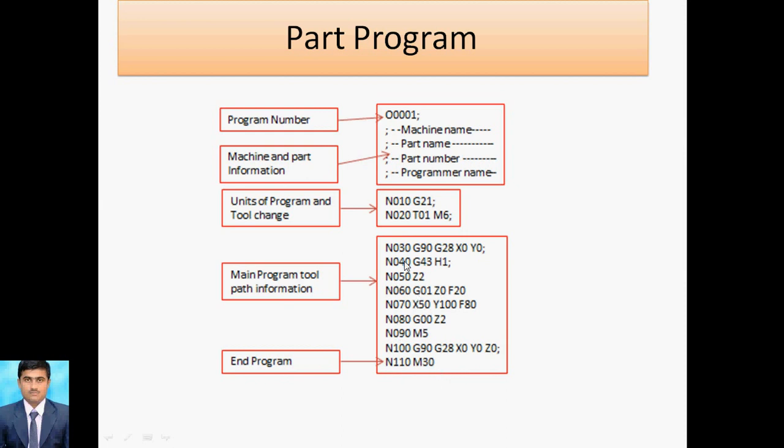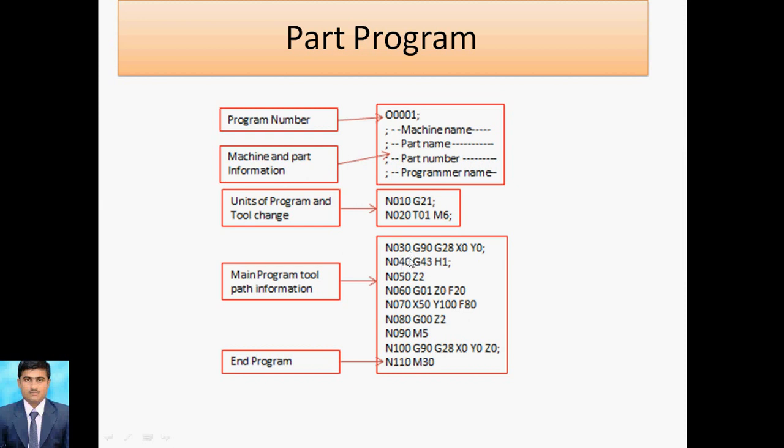Here I mentioned 30 after 40. Why do we mention N030? N030 means your operation number, or you can say block number, sequence number. Here I mentioned 30 or 31. Instead of 31, you can mention 40 like this. Why are you mentioning it like this? Because a gap of 9 is there, right?